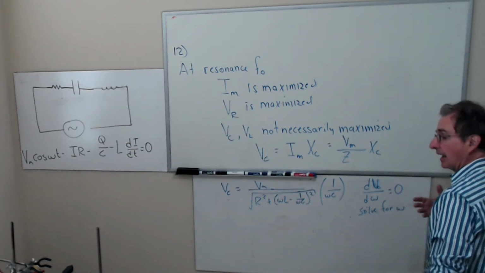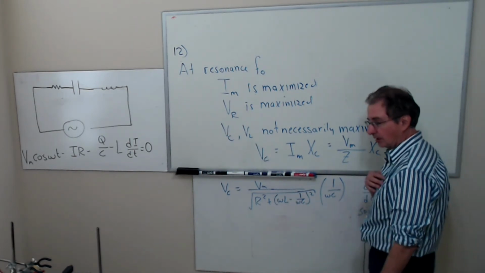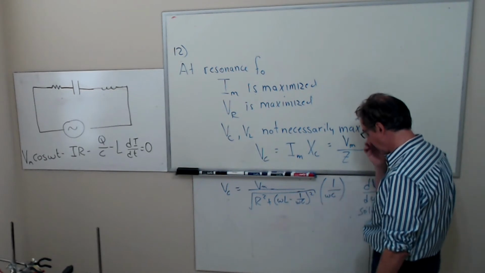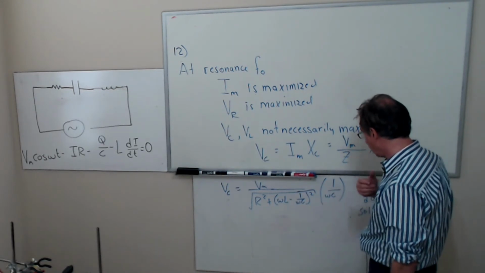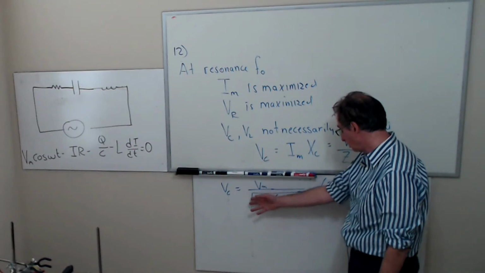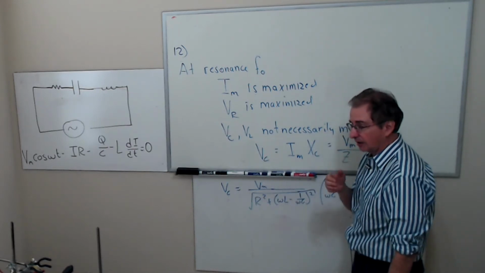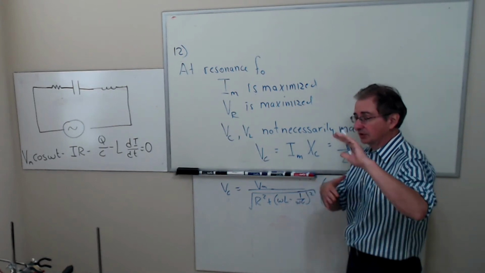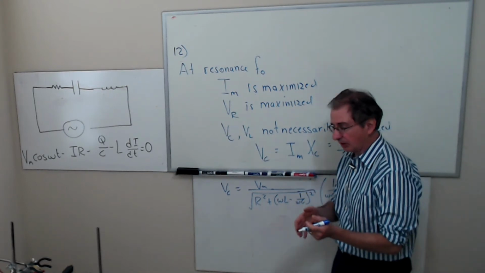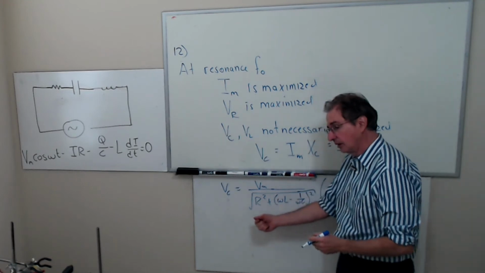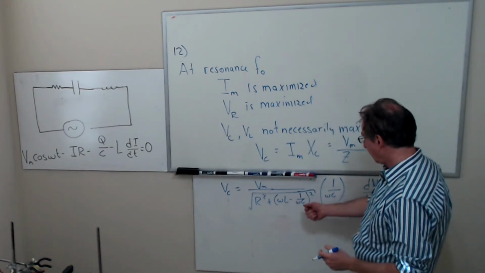So what I recommend, because this actually looks kind of complicated, is I would pull out the 1 over omega term out of here like we were doing when we were analyzing the resonance circuit, when we were analyzing the power. I would pull out the omega because then the function becomes a lot simpler.